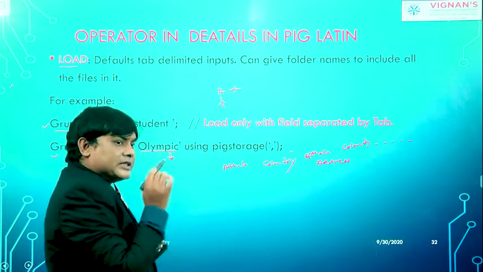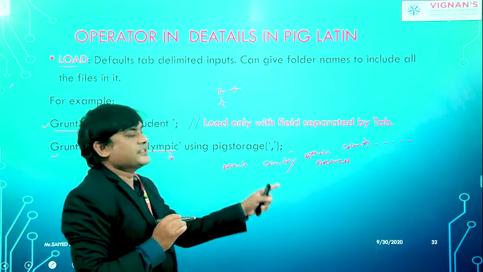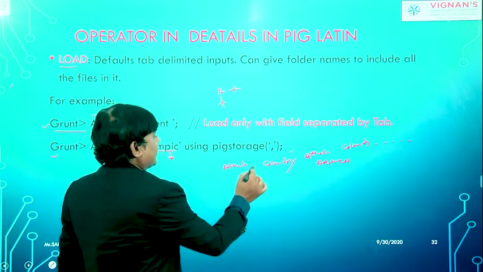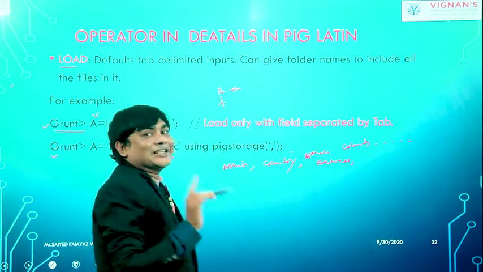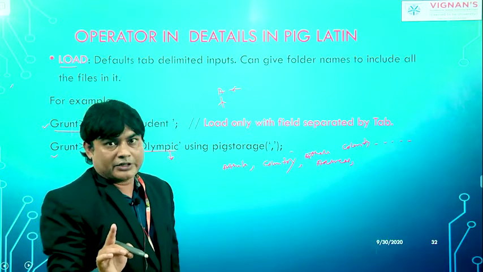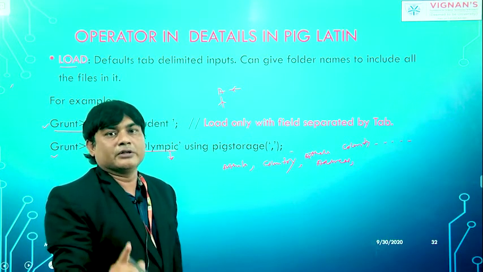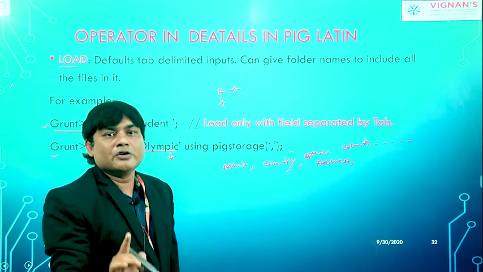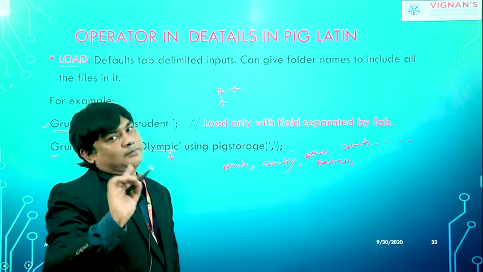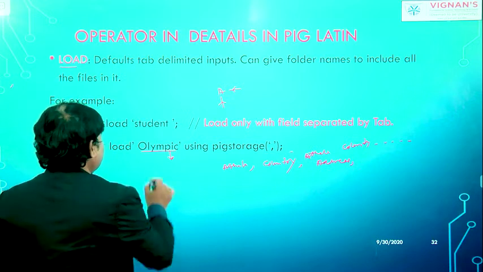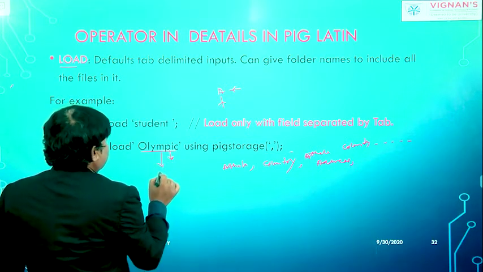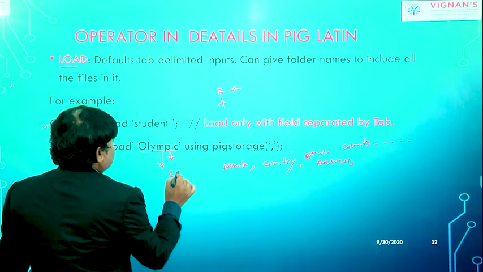Now this field is being separated by the comma. It means we are not using tab space. We are going to separate the fields by using only the comma. In such cases, this is called a .csv file.